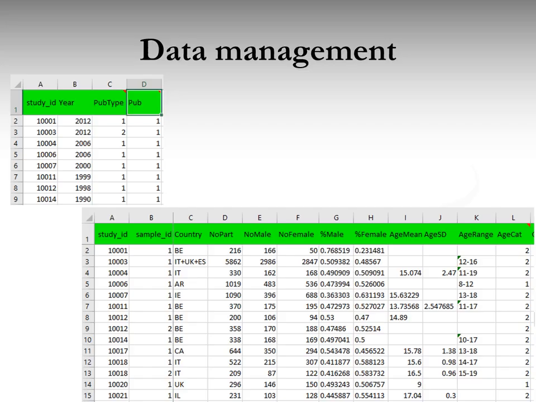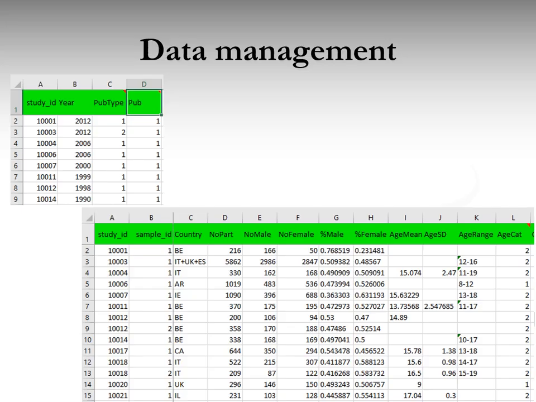For this study, we used several sheets. In the first sheet, we have one line for each study. In column A, you can see the study ID. The first study was study 10,001.